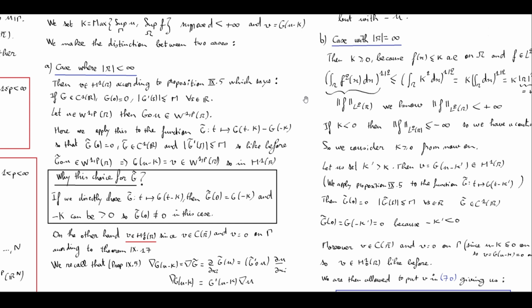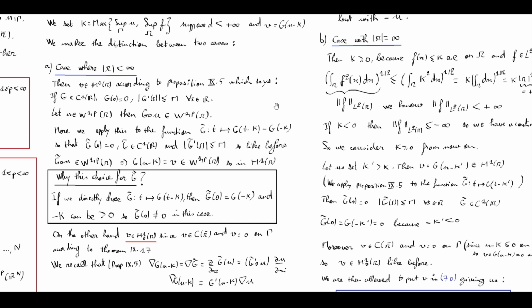So we can say with P equals 2 that the composition of g with u will be in W12, so H1, because we know u is already in W12 of omega, so in H1.